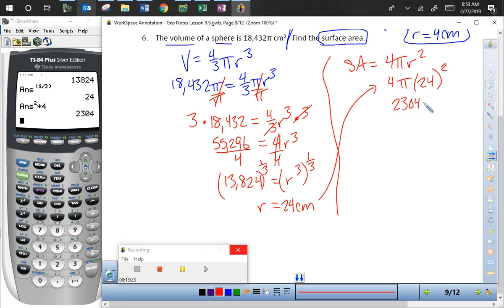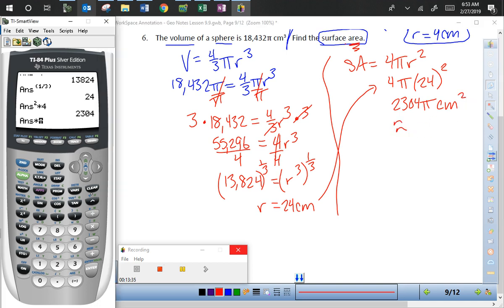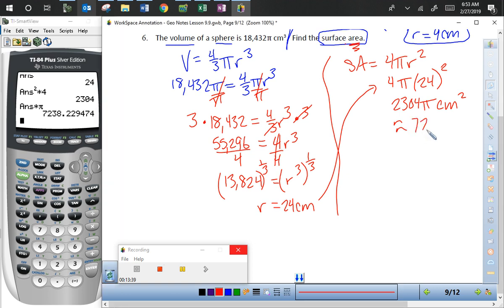Remember that pi comes down, and our label is centimeters squared for surface area. The approximate version of that, if we go ahead and multiply by pi, is about 7,238.2 centimeters squared again. Okay, so that right there is our final answer.